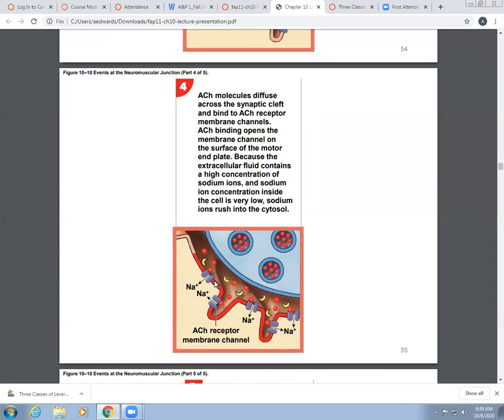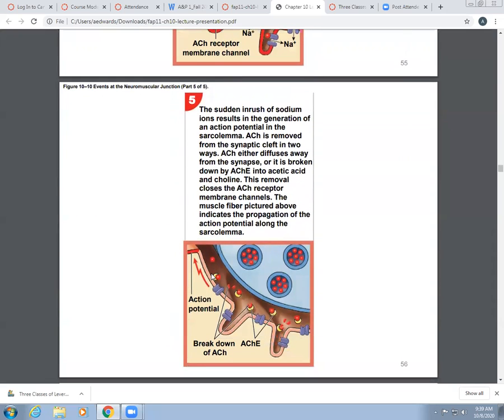The concentration of sodium is higher outside the cell, so sodium is going to travel inside the skeletal muscle fiber. Remember diffusion, moving from high concentration to low concentration? This is facilitated diffusion because it's using a sodium channel. So sodium ions rush in and generate an action potential in the skeletal muscle fiber, in the sarcolemma, the plasma membrane of this skeletal muscle fiber.